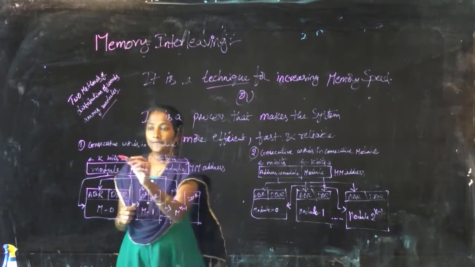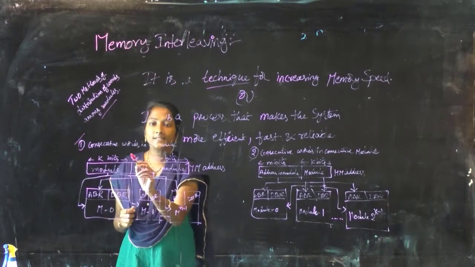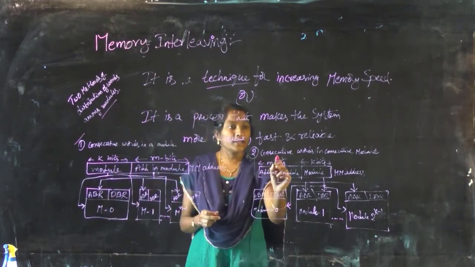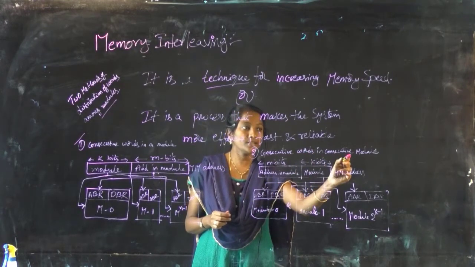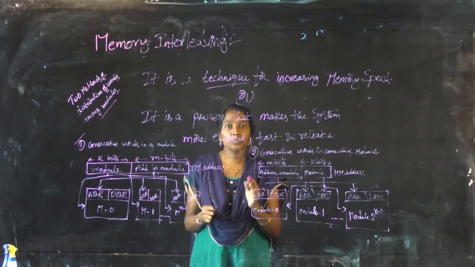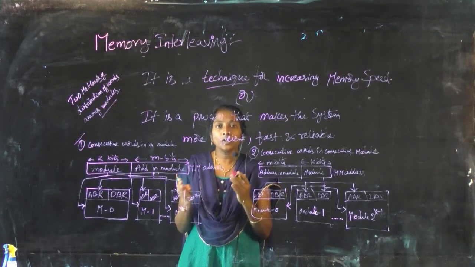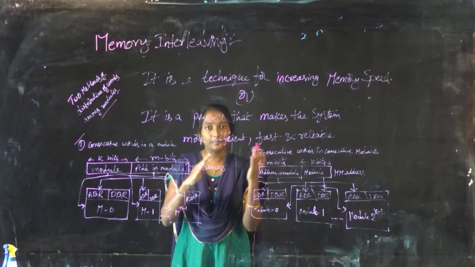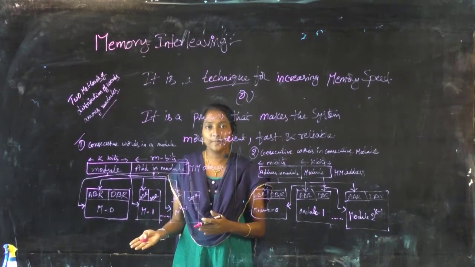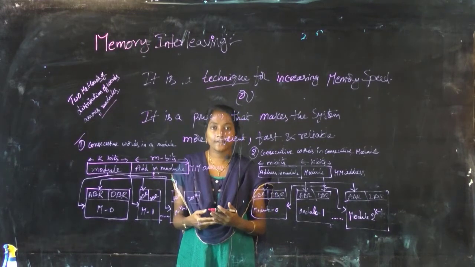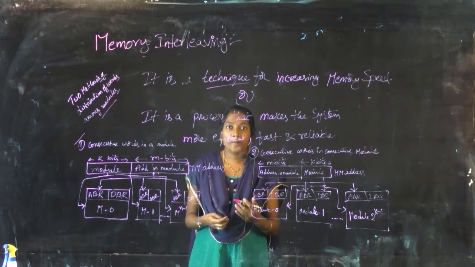The first one is consecutive words in a module, and the second is consecutive words in consecutive modules. Memory is divided into modules. The processor copies blocks of data from main memory and pastes them into cache memory for accessing the data at a faster rate while processing the operation.